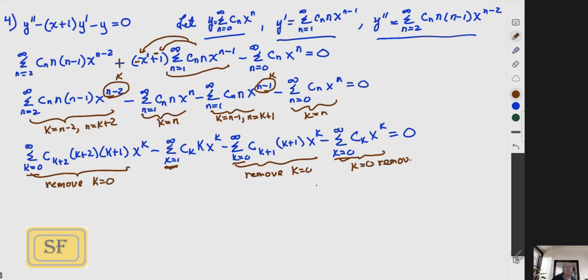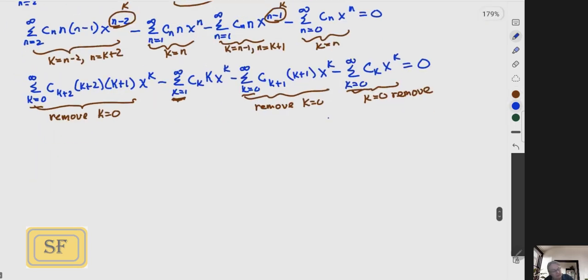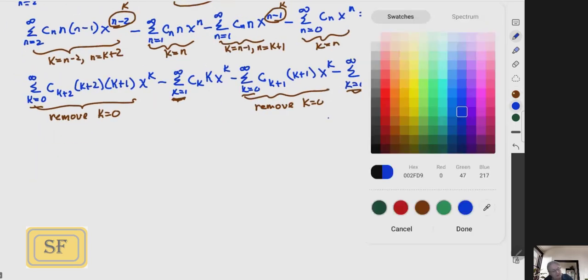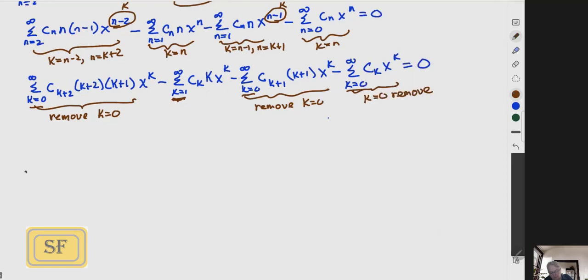By removing that first term from each of these summations, we'll be able to write the lower index of the remaining terms, starting with k equals 1. So let me move up just a little bit. And on this first term, I'll write my k equals 0 term: c sub 2 times 2 times 1 x to the 0, plus, and then I can rewrite my summation starting now at k equals 1.